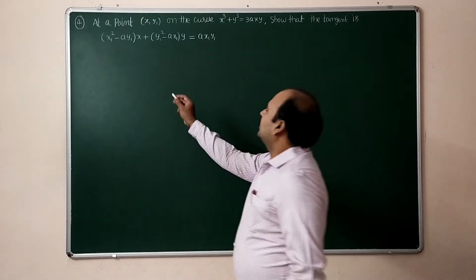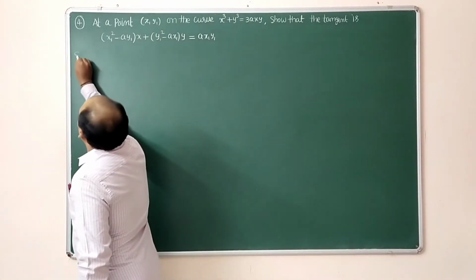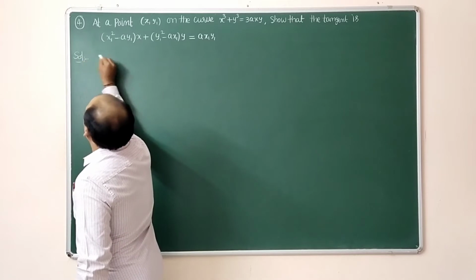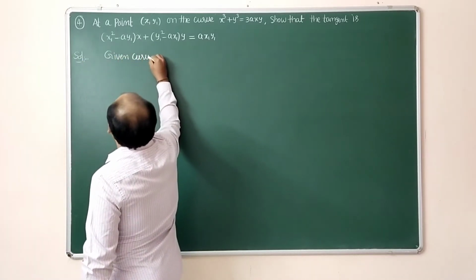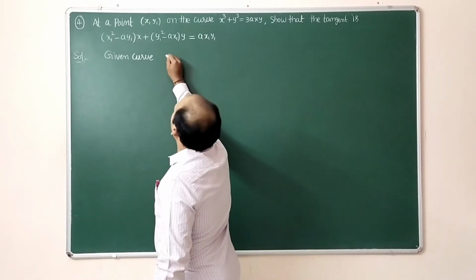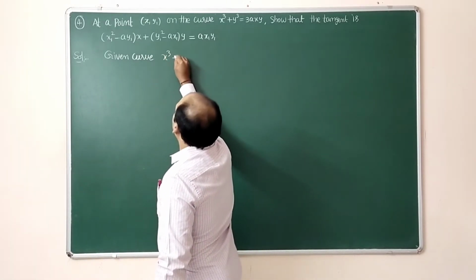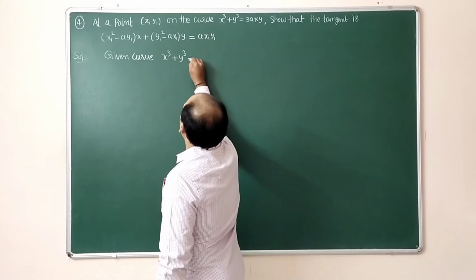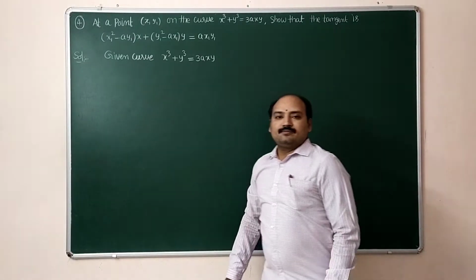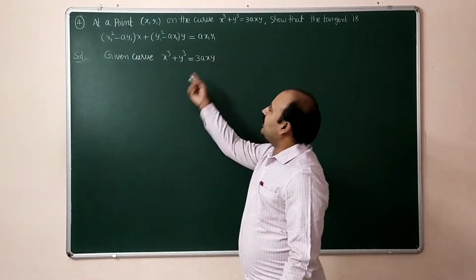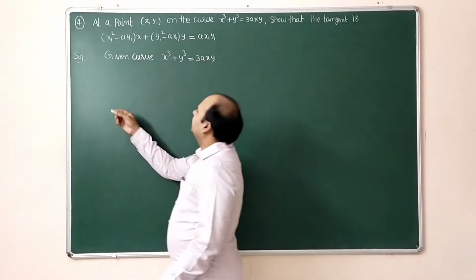So now consider the first step, the given curve: x cube plus y cube is equal to 3axy. And the point (x1, y1) is on the curve, given.